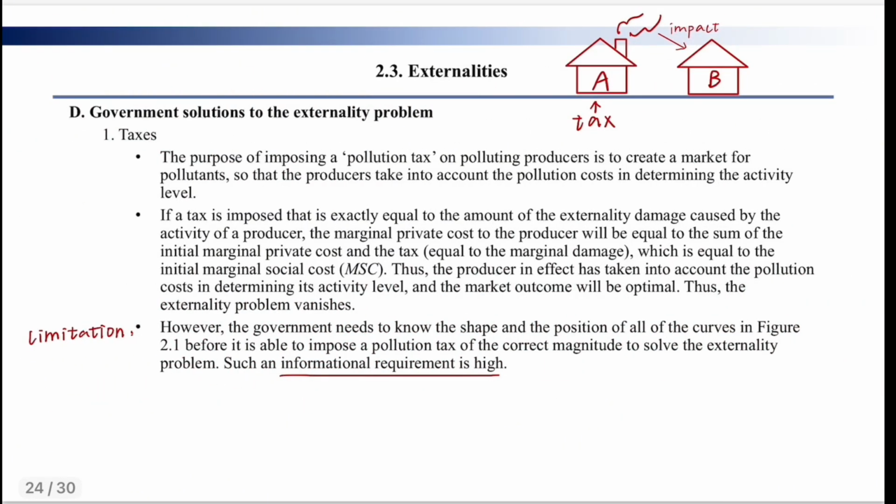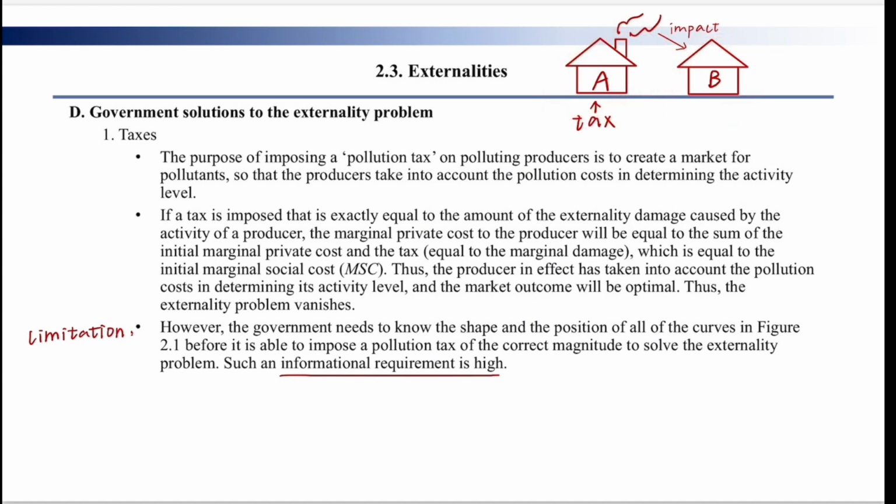Okay, let's take a look at some of the methods for the government to solve the problem. The first method is to levy taxes. Suppose there are two firms in the market. Firm A has pollution and firm B does a very good job, it has no pollution.